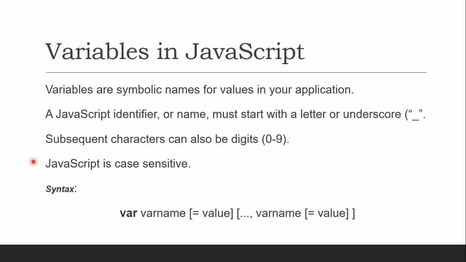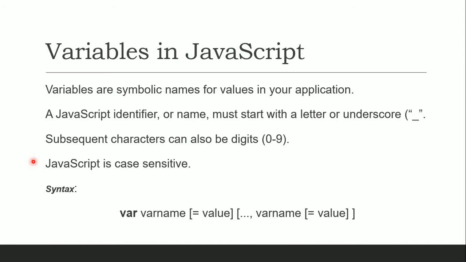Variables in JavaScript. Variables are symbolic names for values in your application. In other words, it means that they represent something else.